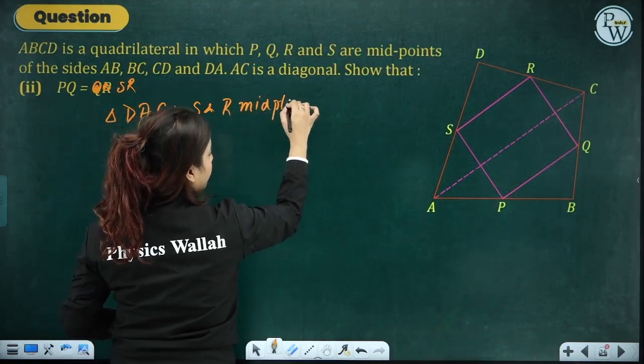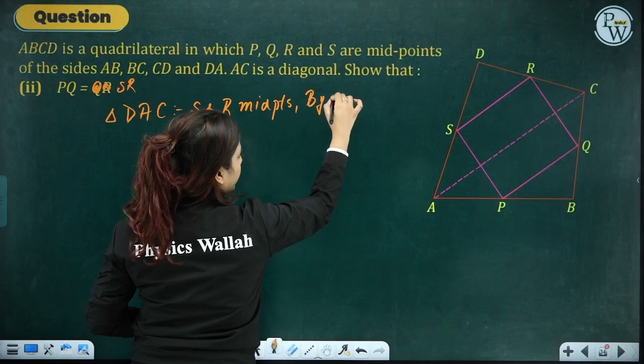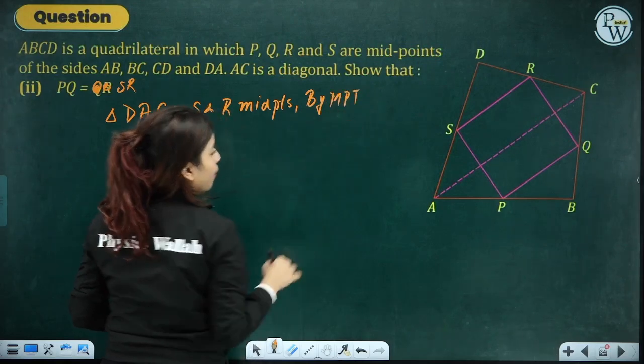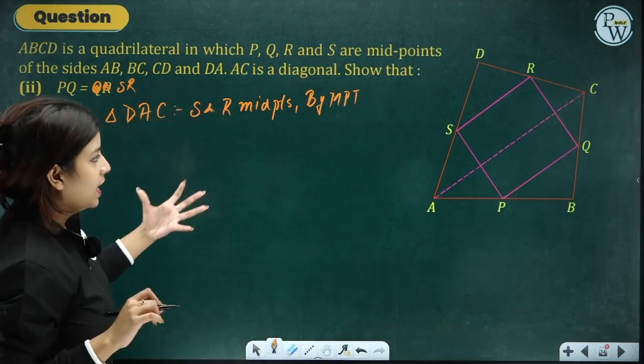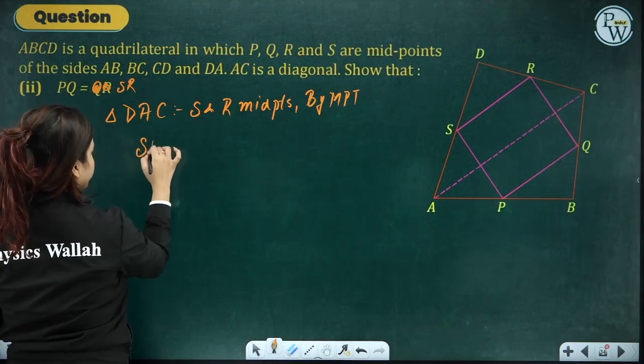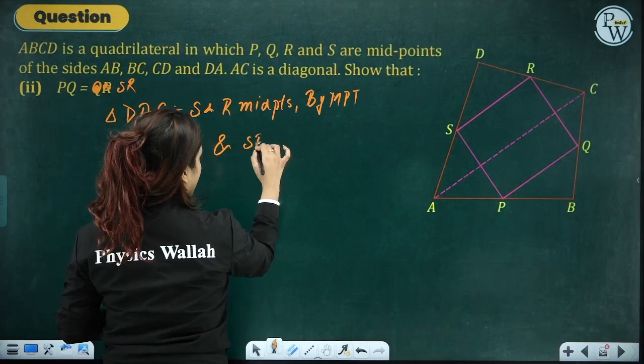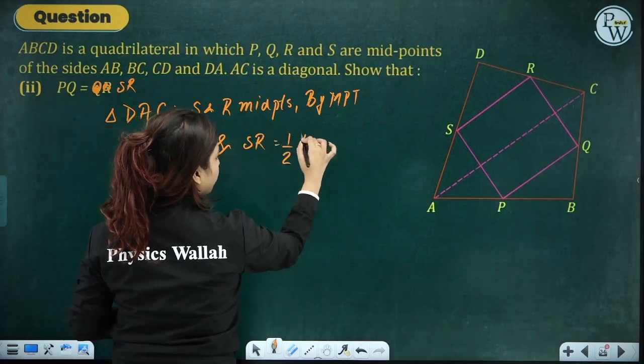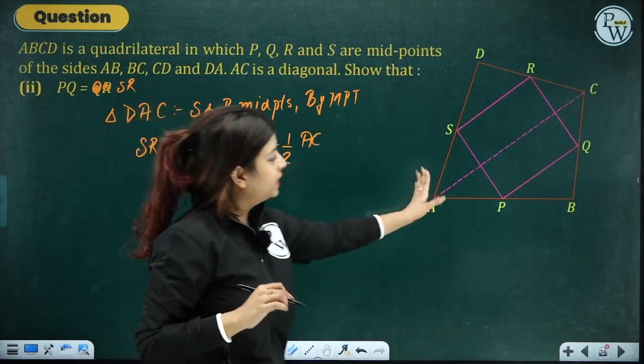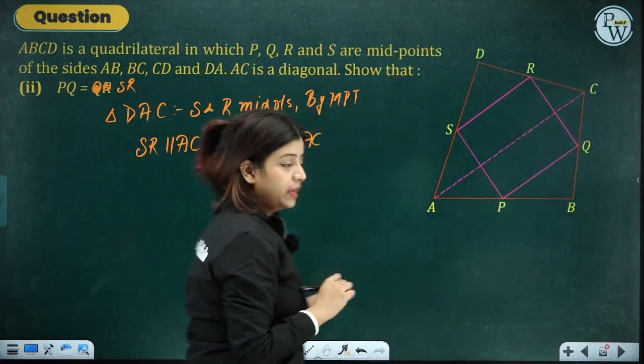So by the midpoint theorem, we have proved that SR is parallel to AC and SR is equal to half of AC. Now when we take the other triangle, that is ABC.